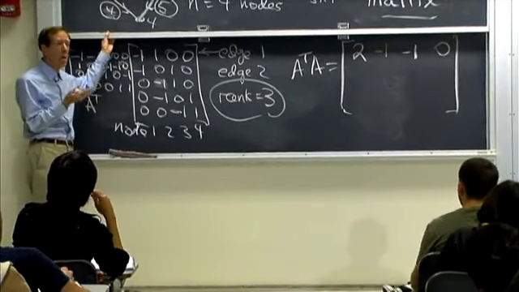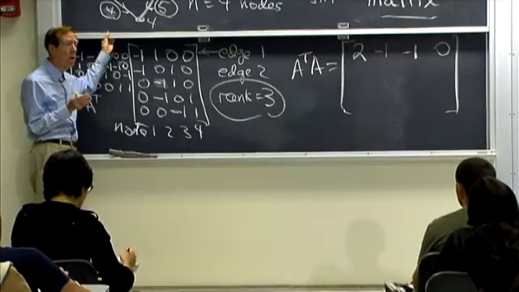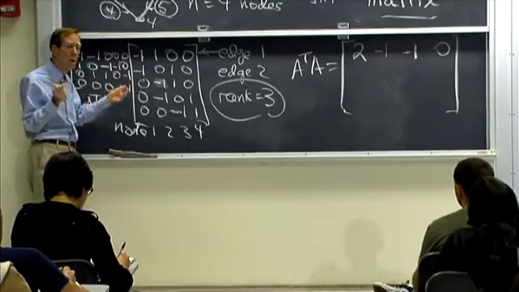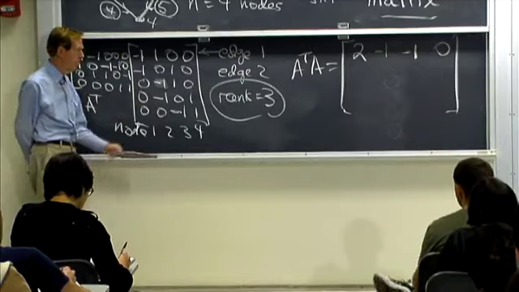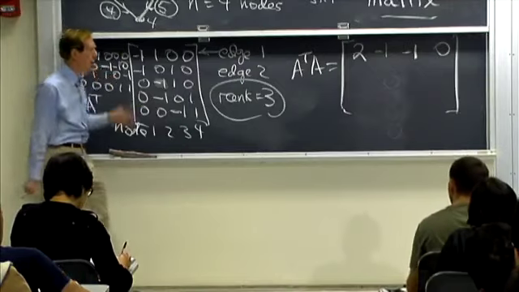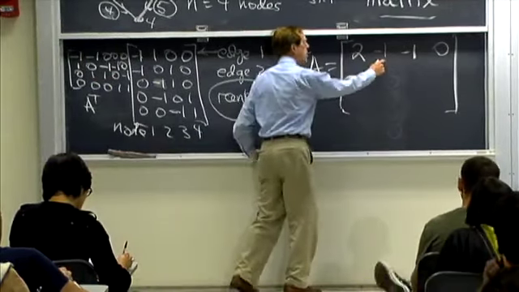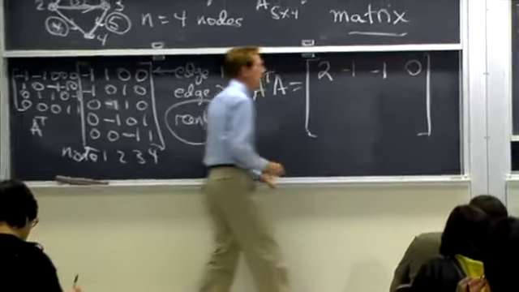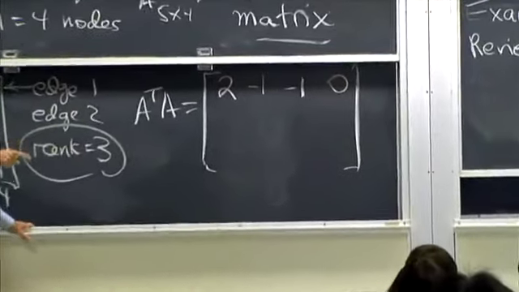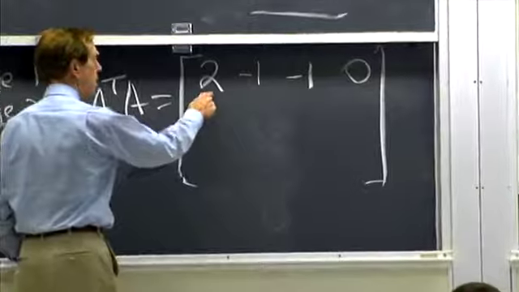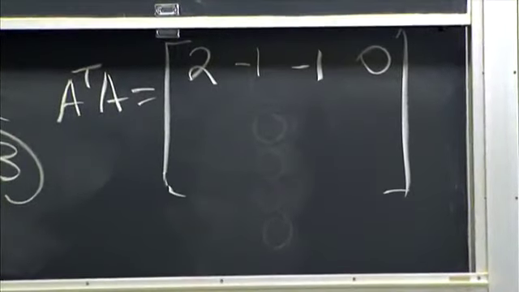Everybody sees it? Nodes 1 and 4 are not connected. No edge. Here there was an edge from node 1 to 2. There's an edge from node 1 to 3. Those both produced the -1s, and on the diagonal came the 2 to balance it.